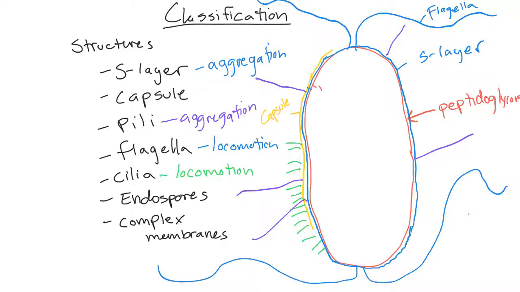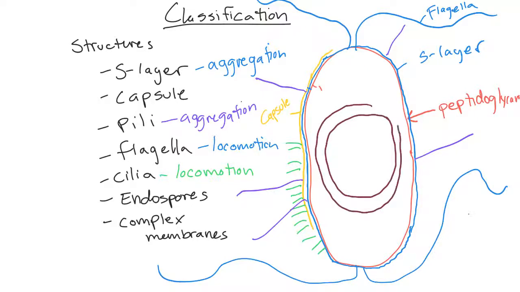Some bacteria are able to create a dormant state. Okay, where the cell itself would actually shrink to this very small, or at least much smaller than its normal size, with a very thickened cell wall.